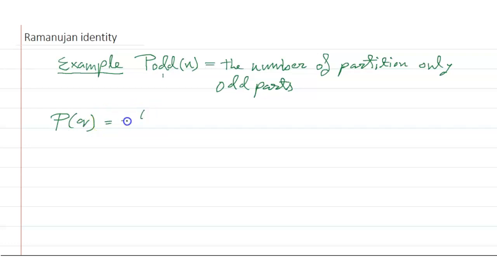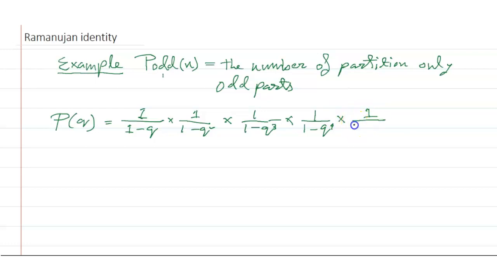This formula is 1 divided by 1 minus Q, into 1 divided by 1 minus Q square, into 1 minus Q cube, into 1 divided by 1 minus Q to the power 4, into 1 divided by 1 minus Q to the power 5, up to infinity.